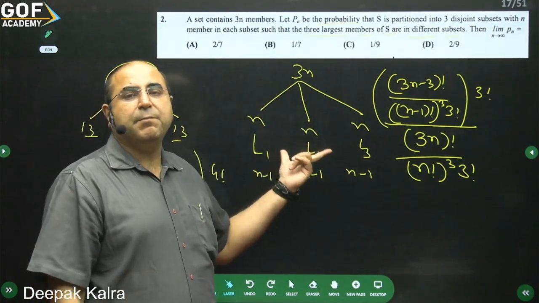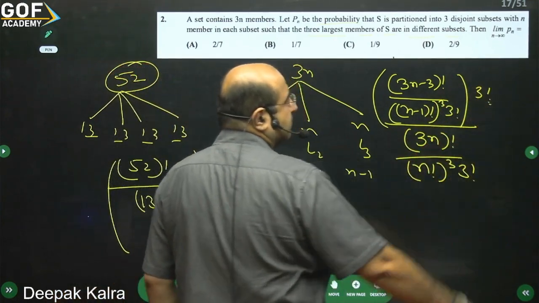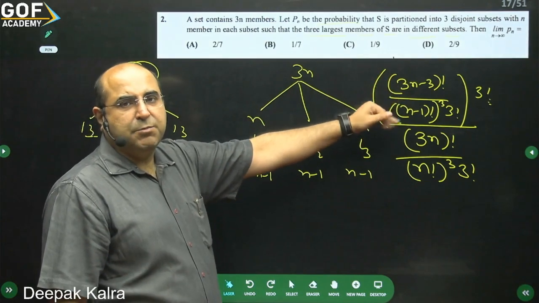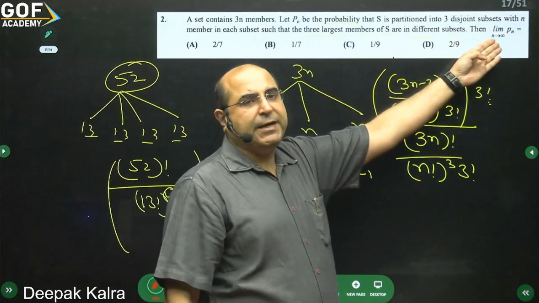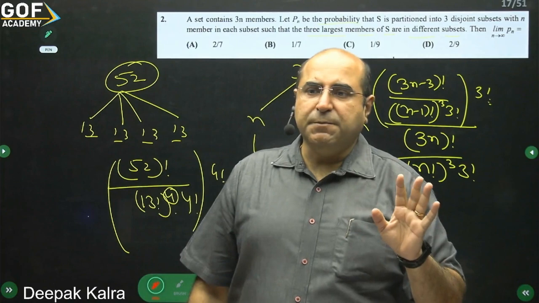They are being numbered, so they are being directed. That's why this 3 factorial will come. Now the answer which you have obtained is this. Just remove the factorial by doing some work and apply n tends to infinity, you will get the answer. You understood the procedure what I did?